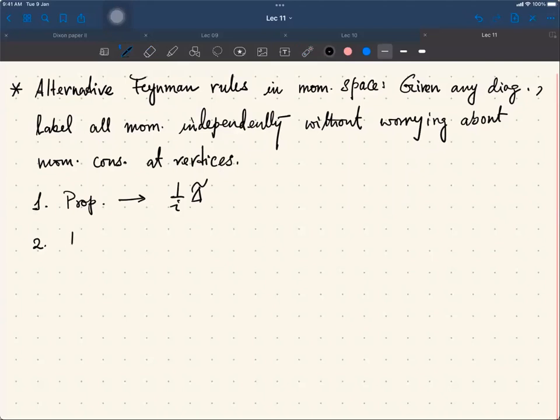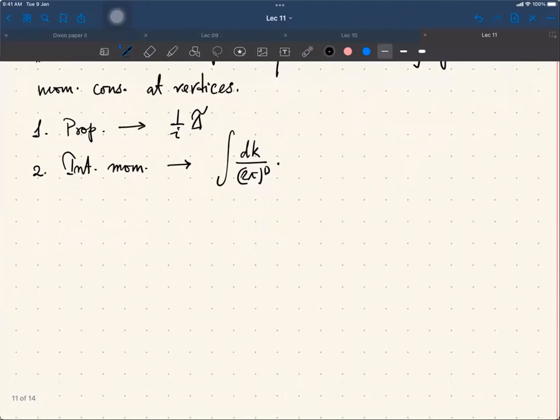Then for each internal momentum, introduce an integral over that momentum, integral dk by 2 pi to the power d. And then number 3, vertex: for each vertex, write i times g.